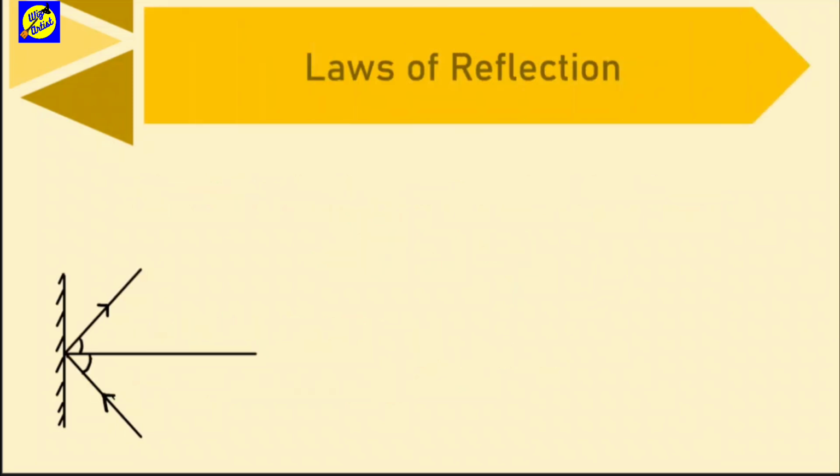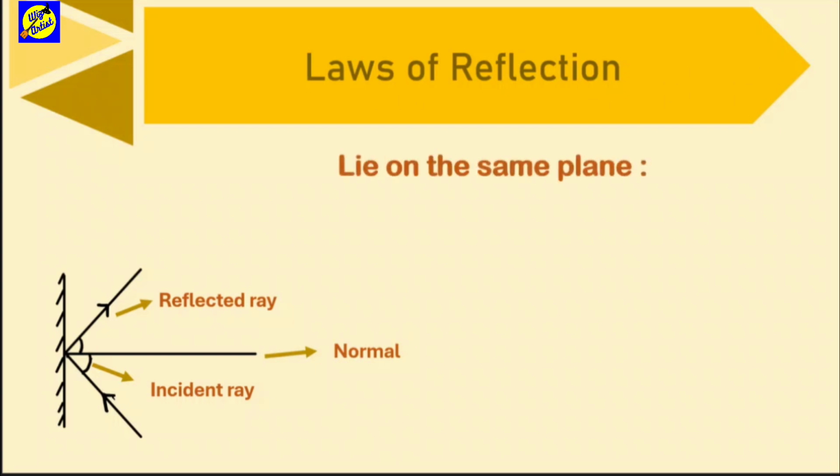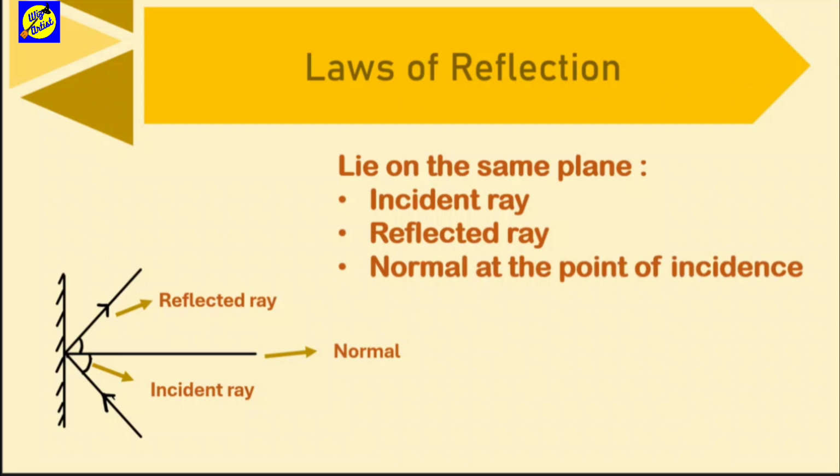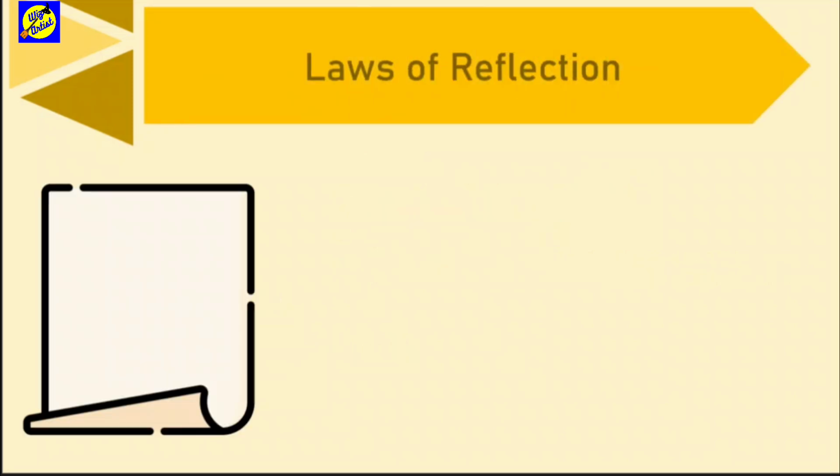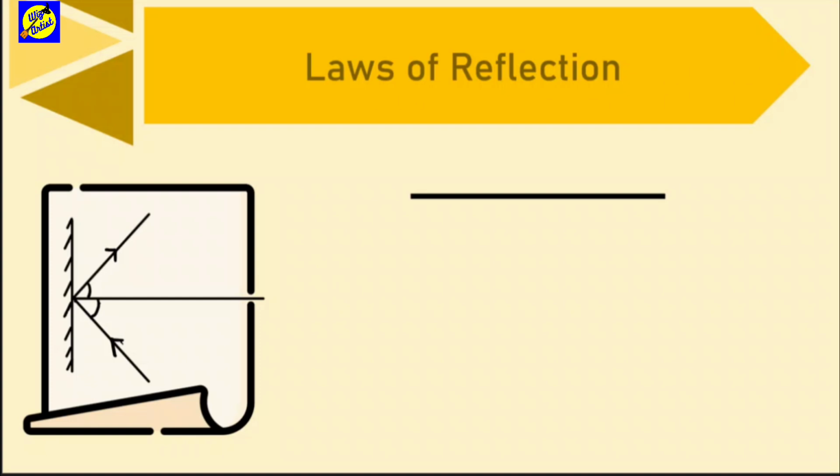The second law is that the reflected ray, the incident ray, and the normal always lie on the same plane. What this means is that if you were to put the phenomenon of reflection on a paper, which is a two-dimensional sheet, and have a look at it in one dimension, that is laterally.